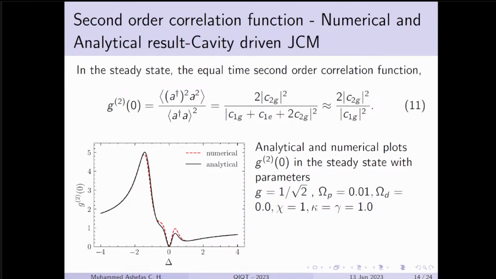I have plotted the analytical graph and the numerical graph. The numerical is represented by the red dotted line, and the analytical graph is the black continuous line. They almost match, and there is a small discrepancy in some places, which is expected, because we have already approximated G2 of 0 in the analytical calculation.